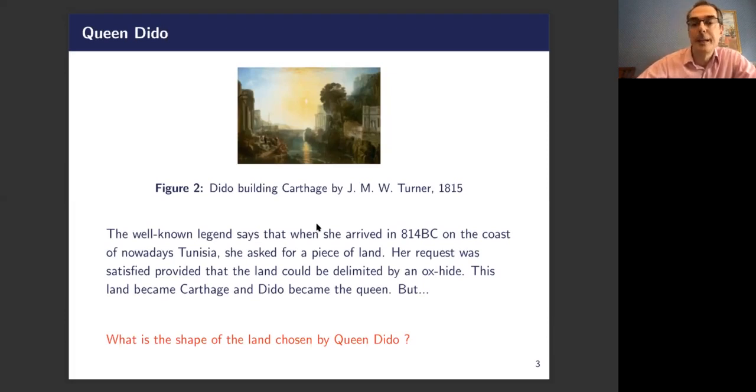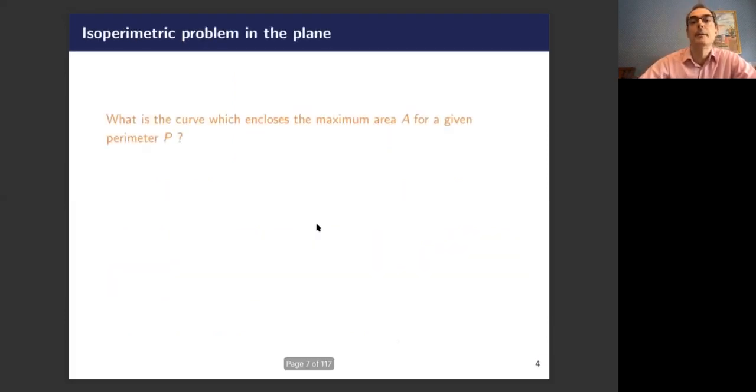That is, we can rephrase this problem a little bit more mathematically. The problem faced by Queen Dido was the following. Given a curve of given length, that I'm going to call the perimeter of the curve for now, that is, given a curve of given length P, what is the shape for which the area enclosed by this curve is maximal?